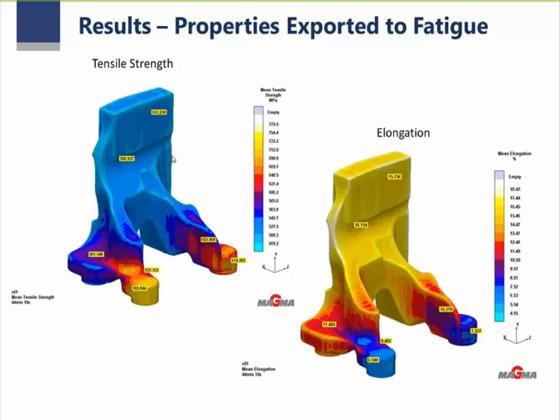Sometimes, for example, for a casting, the fatigue limit is around 30% of the tensile strength. For example, for steel, between 30% and 50% of the tensile strength. So if you have variations of the tensile strength, you also have variations of the fatigue limit.